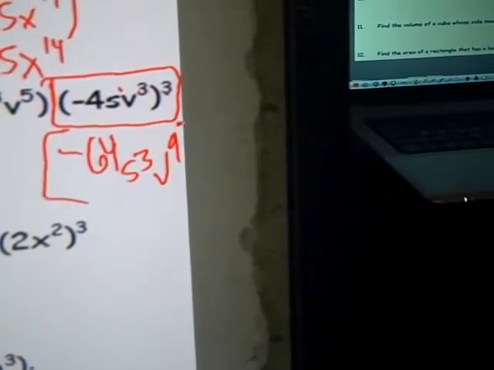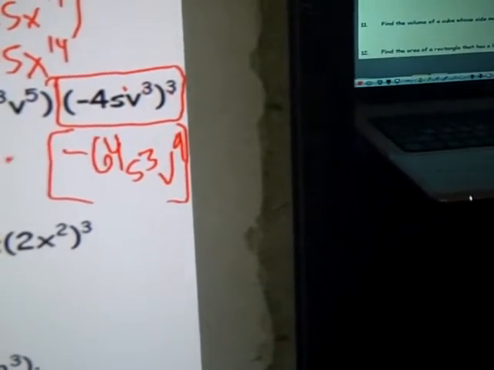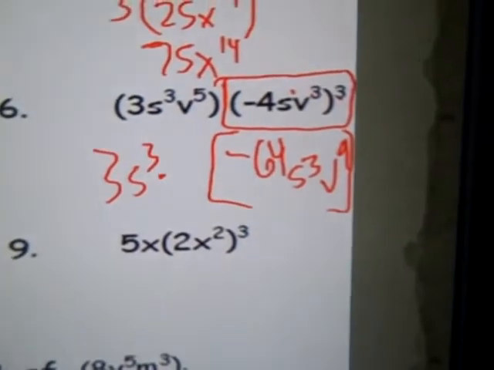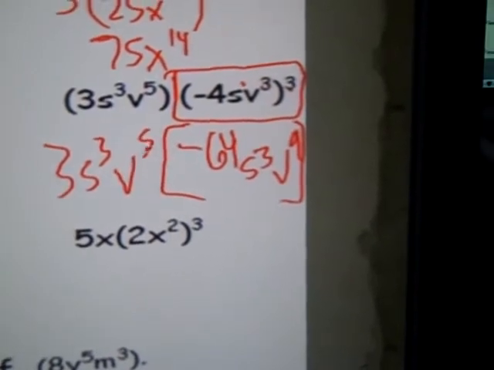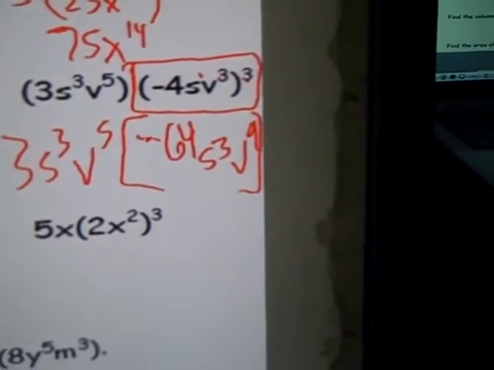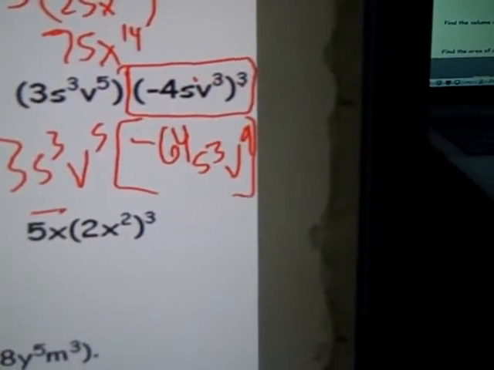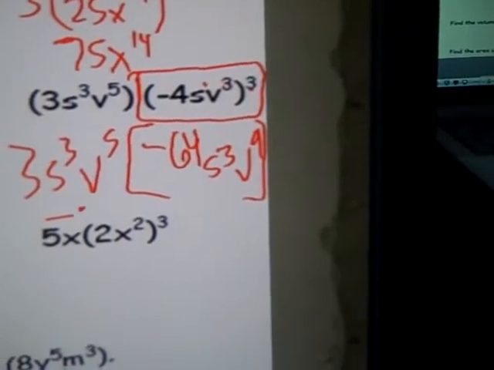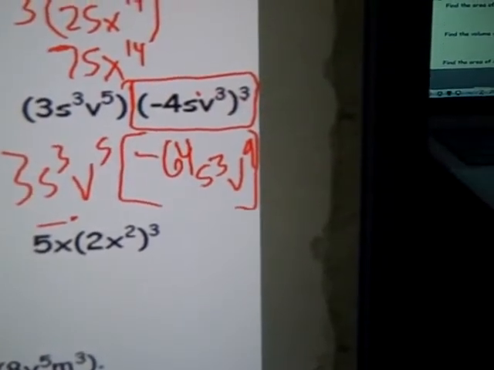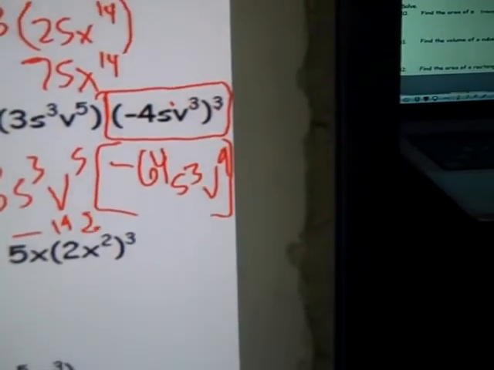Okay, so we've taken care of that term, and we're multiplying that with 3s cubed v to the 5th. To do this, just do the numbers first. 3 times negative 64 should give us negative 192.